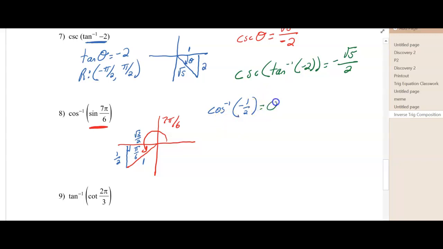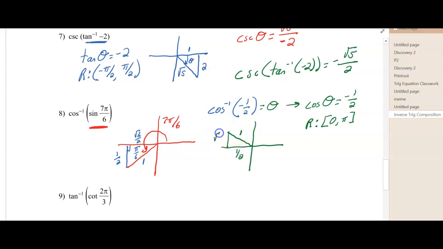Again, if I think of this as some angle, this translates to the cosine of some angle is -1/2. Remember, the range of inverse cosine is 0 to pi. So I have to draw the angle in quadrant 2, and the cosine refers to the x value.